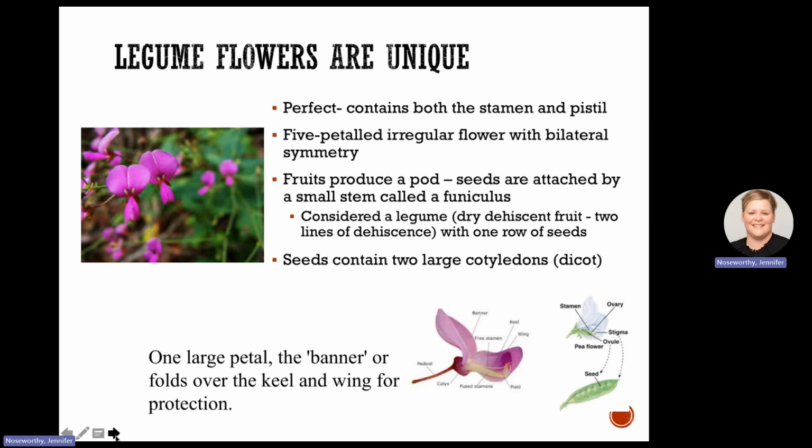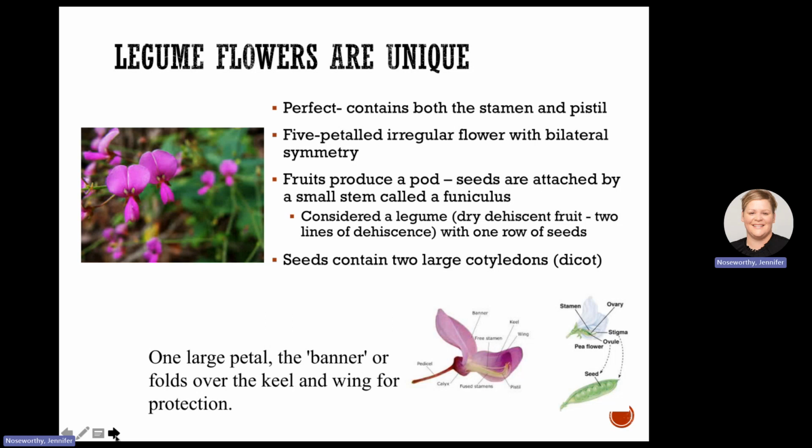Now, we also talked in the last unit about flower shape, flower morphology, and we said that sometimes flowers can be self-fertile and others can be designed in such a way that they increase their chance of outcrossing. And so in the case of legumes, these flowers are perfect.